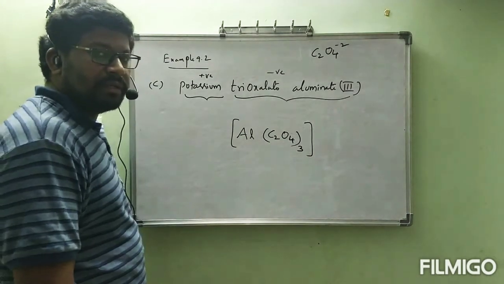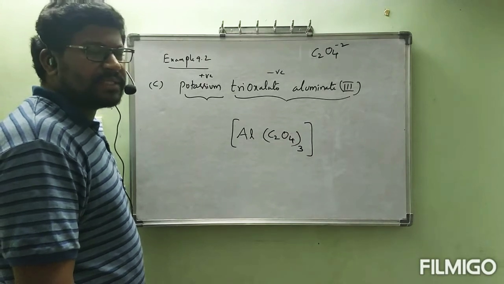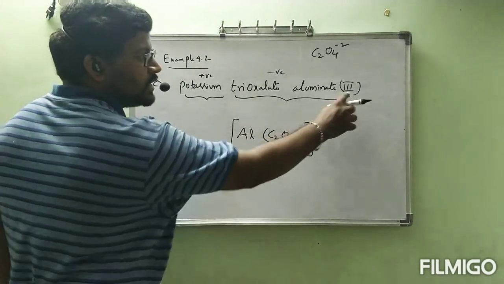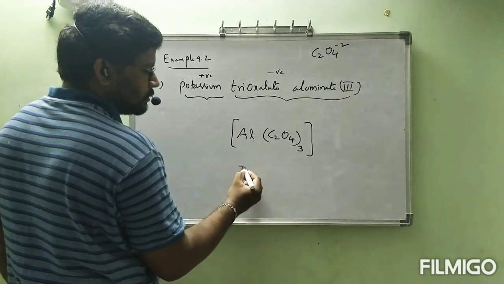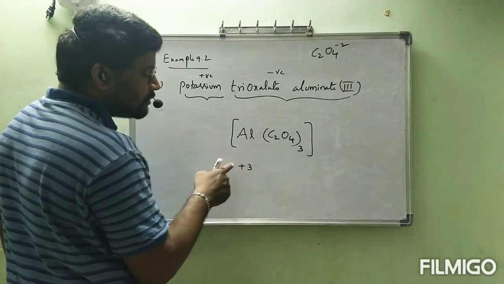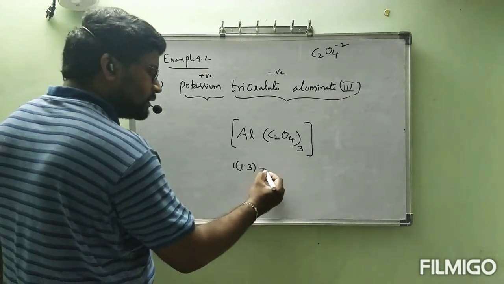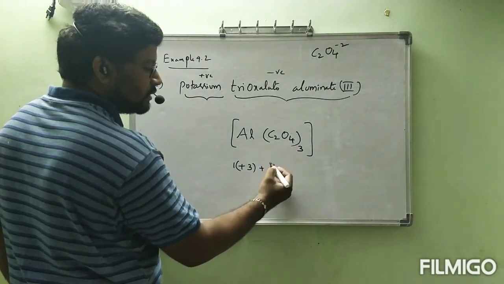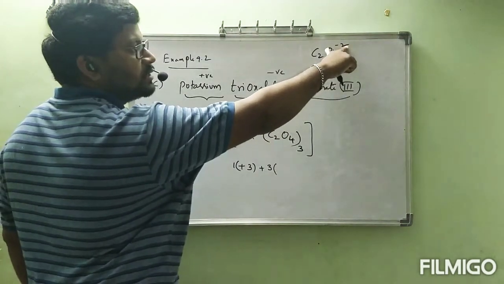Now I want to find the charge present on the square bracket. How I have to find? In previous thing like that same only. What is the charge present on aluminium? See here 3 they give. 3 means plus 3. Aluminium 1 only it is there. 1 into plus 3. Plus how many C2O4 ions are there? 3. Each C2O4 contains what charge?